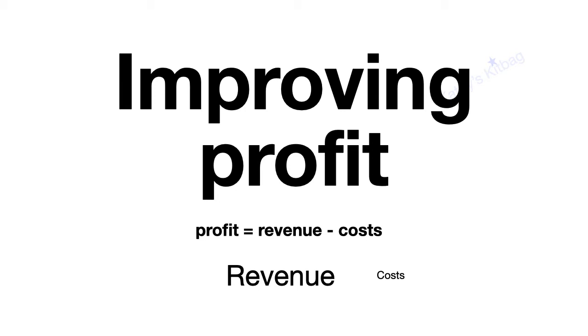So actually, it depends whether the good is price elastic or price inelastic as to whether you would need to increase or decrease your selling price. So for example, if the good is price inelastic, then any increase in price will be met by a proportionately smaller fall in quantity demanded.